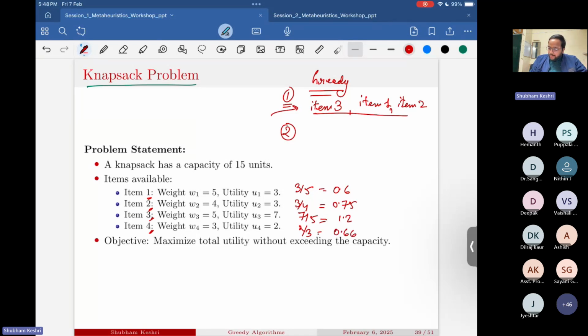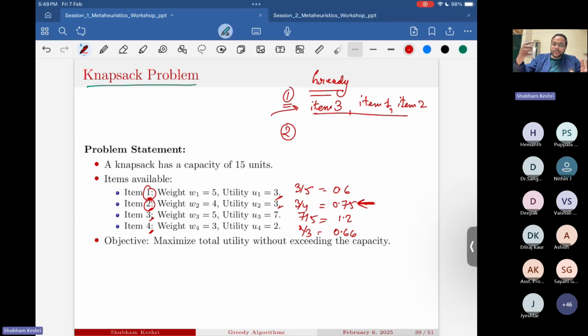Right? Now what you do, you pick the item with the highest utility per unit weight. So you see earlier, item 1 and item 2 had the same utility. You could have picked either item 1 or item 2. It doesn't matter to you because both had the utility of 3. Now you see item 2 looks better, right?